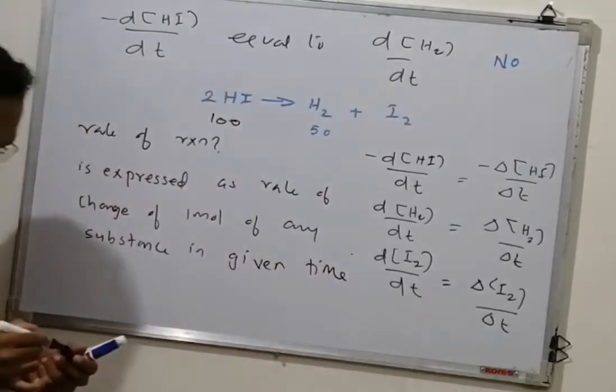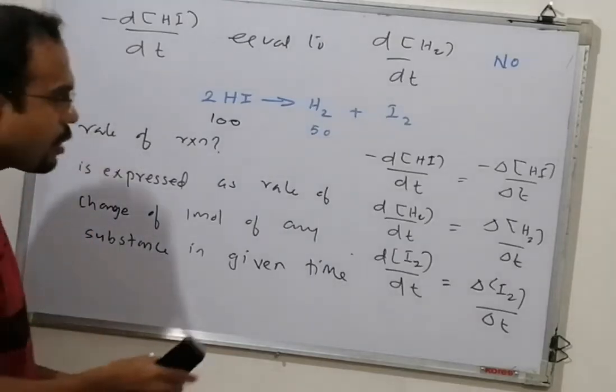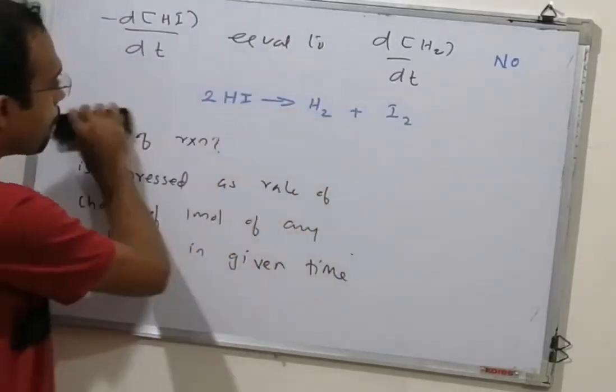Therefore, rate of reaction, in terms of any reactants or products, should be per mole.